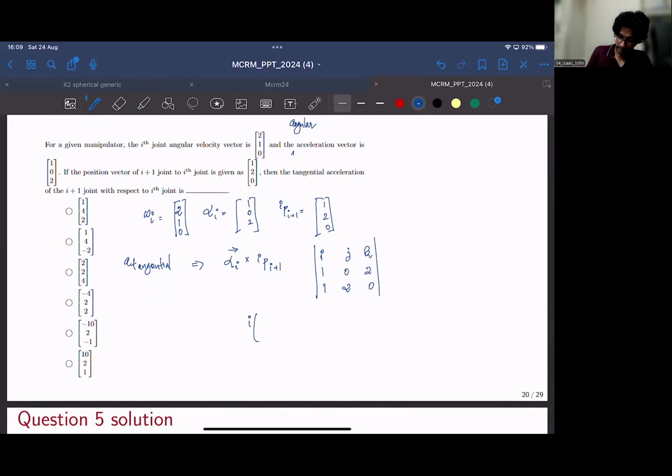That will be i multiplied by minus 4, minus j multiplied by, if you eliminate these two columns, you will get minus 2, I suppose, plus k multiplied by, if you eliminate these two columns, you will get 2.